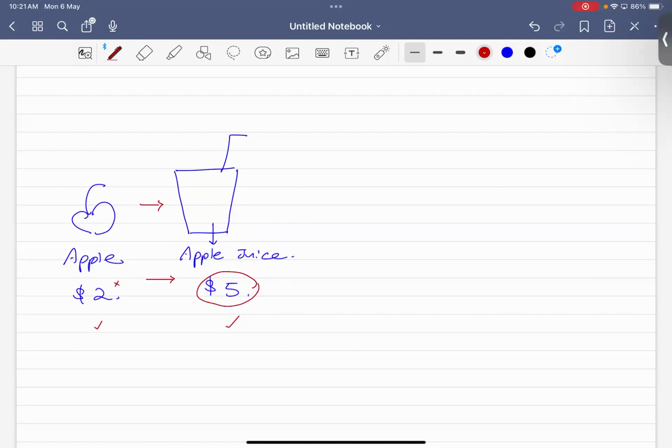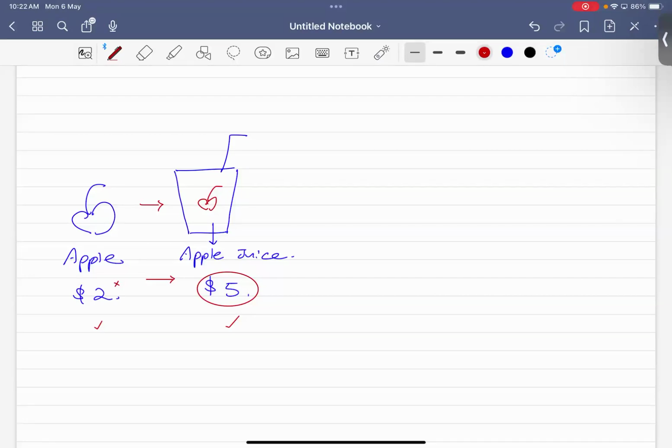This is the final output. The apple is just an intermediate, like the raw materials used to produce apple juice. So if I do not take only the final goods and services, there will be double counting, because I will take this 2 ringgit and 5 ringgit, and it becomes 7 ringgit. It's inaccurate because the apple is already used to produce this apple juice.